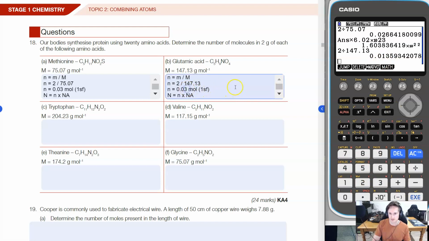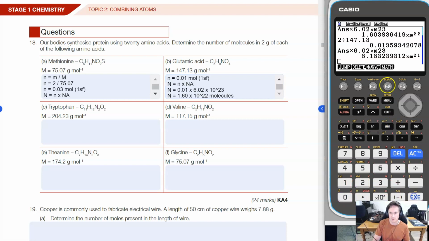I'll round that off to 0.01, which is to one significant figure. However, when I do my equation in the calculator here, I'm going to use that exact number, even though I've rounded it off in my working out step. Then I'll multiply the number of moles by Avogadro's number, 6.02 times 10 to the 23, and I get this many molecules. So that's going to be 8.18 times 10 to the power of 21 molecules.